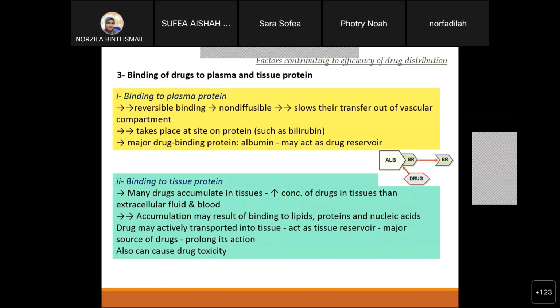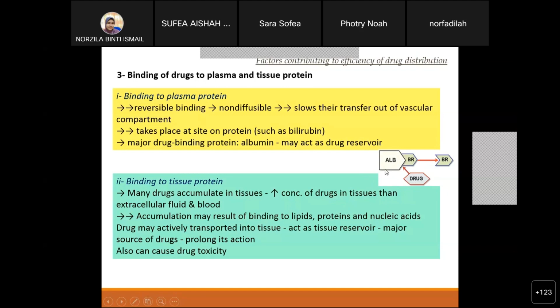This complex usually cannot diffuse or cross the blood vessel membrane. For example, albumin and bilirubin: bilirubin competes with certain drugs, so the drug will bind to albumin.